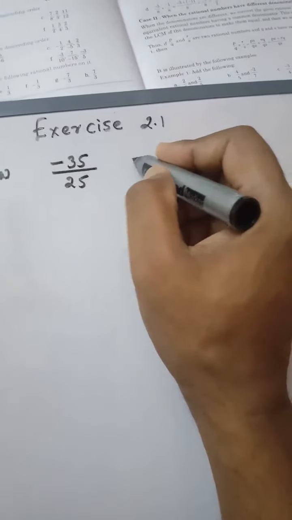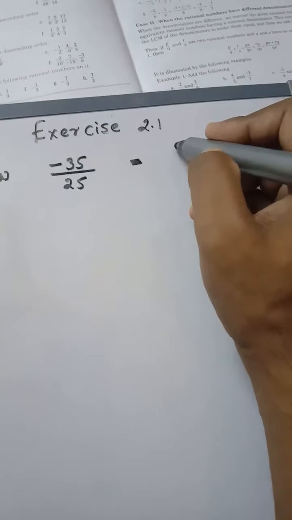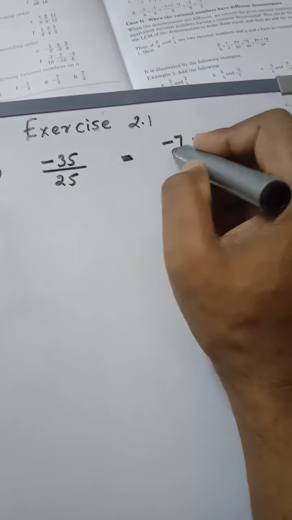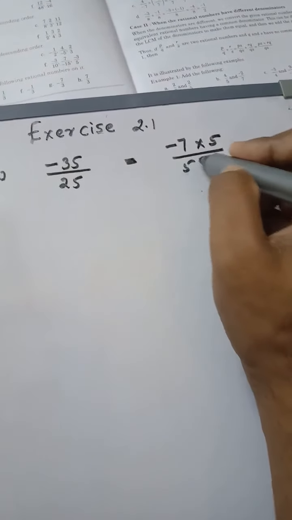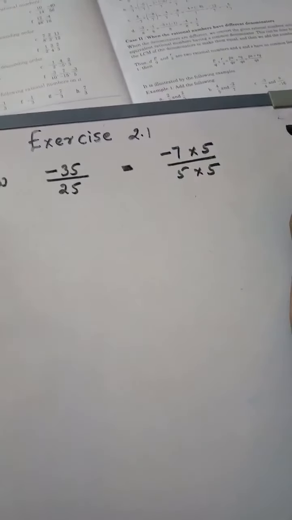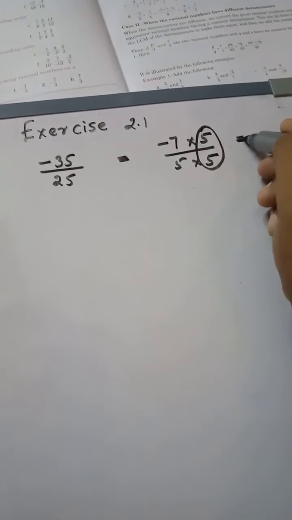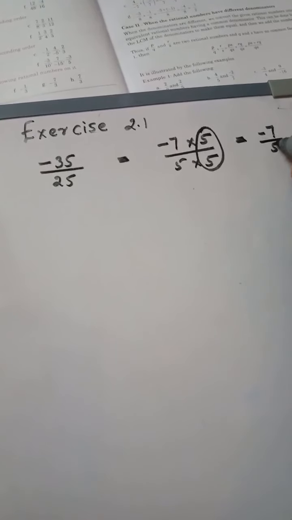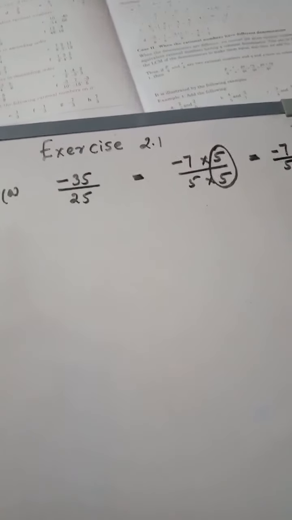So minus 35 can be written as minus 7 multiplied by 5, upon 25 can be written as 5 multiplied by 5. And when we cancel the common 5, we can see that the reduced form is minus 7 upon 5. This is the answer for question number 1a.